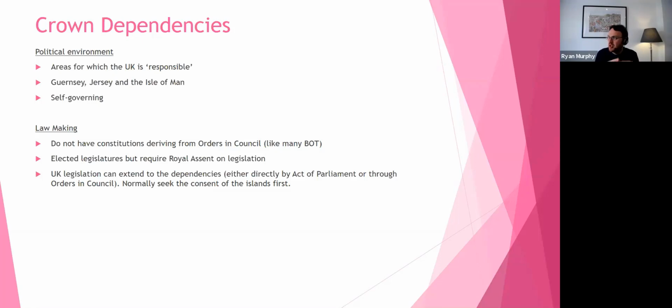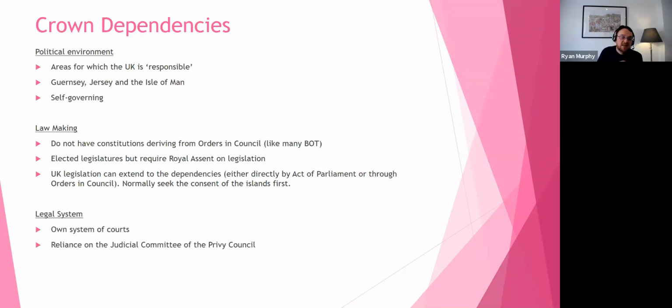It has become a constitutional convention, however, that the consent of the islands, so the consent of Guernsey, Jersey, and the Isle of Man, would be sought and granted before the extension of a UK Act of Parliament to cover that Crown dependency.